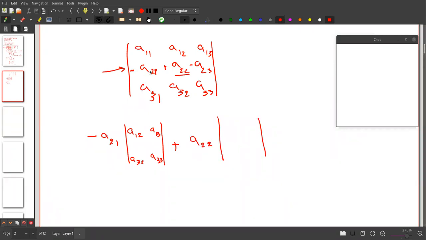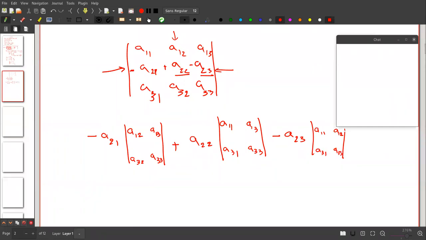What will be the minor of A22? We cut this row and this column, the rest we write. So it will be A11, A13, A31, A33. Now we write the next element, that is minus A23. And what this will be, A11, A12, A31, A32. Am I clear up to this point?